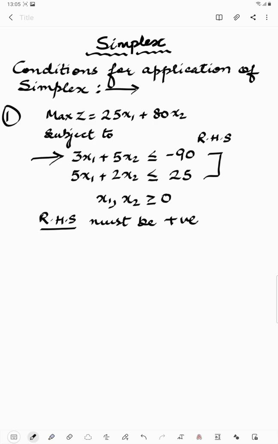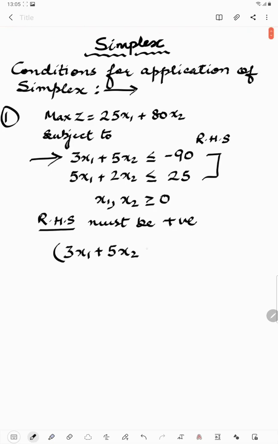So if 3x1 plus 5x2 is multiplied by minus 1, similarly the right hand side also needs to be multiplied by minus 1, then the right hand side will be converted into a positive value. So this will become 90.